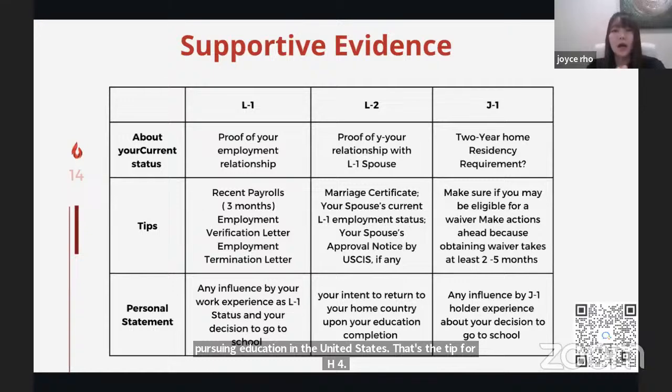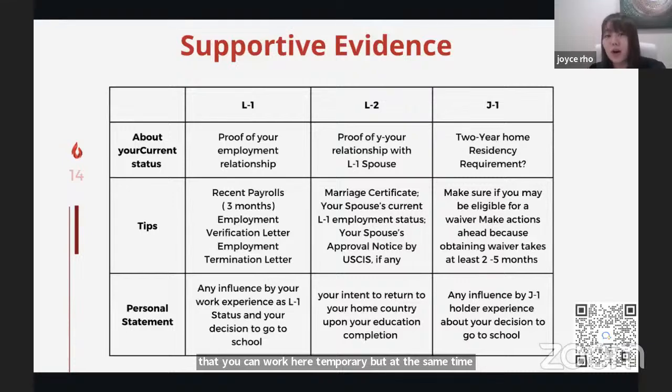And next page, L-1, L-2, J-1. So L-1 is a good visa. Like H-1B, dual intent is allowed, meaning that you can work here temporarily, but at the same time, with H-1B and L-1, you can pursue a green card application. So L-1 is really considered a good one for a non-immigrant status person.